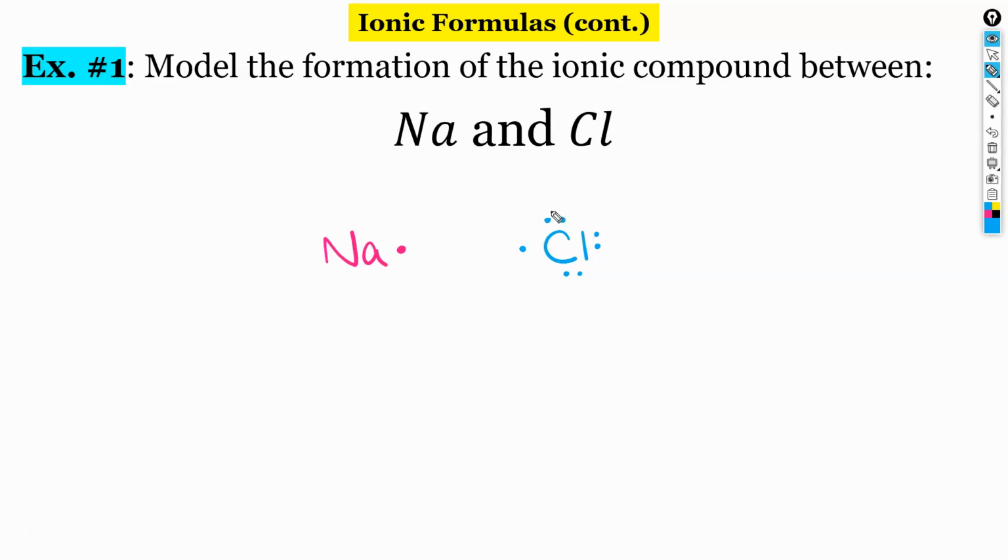Okay, so we've got a positive, we've got a negative, and what's going to happen in these ionic compounds, sodium has an extra valence electron it wants to get rid of. Chlorine has 7 valence electrons. It needs 1 more to be happy, so sodium is going to donate this electron over here. So the arrow is what represents the transfer of electrons.